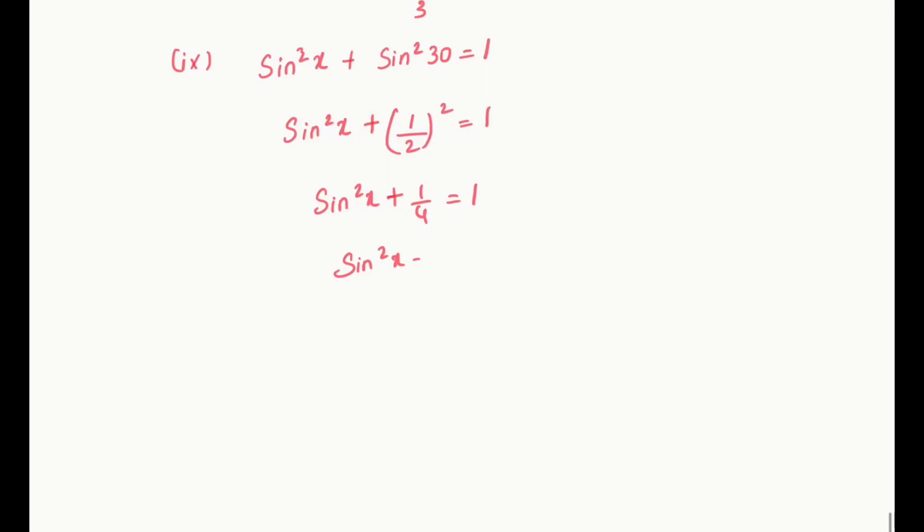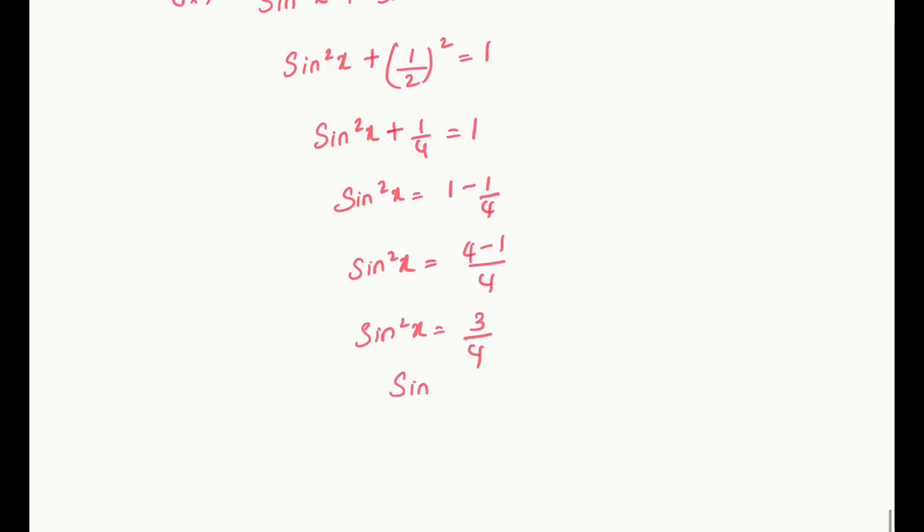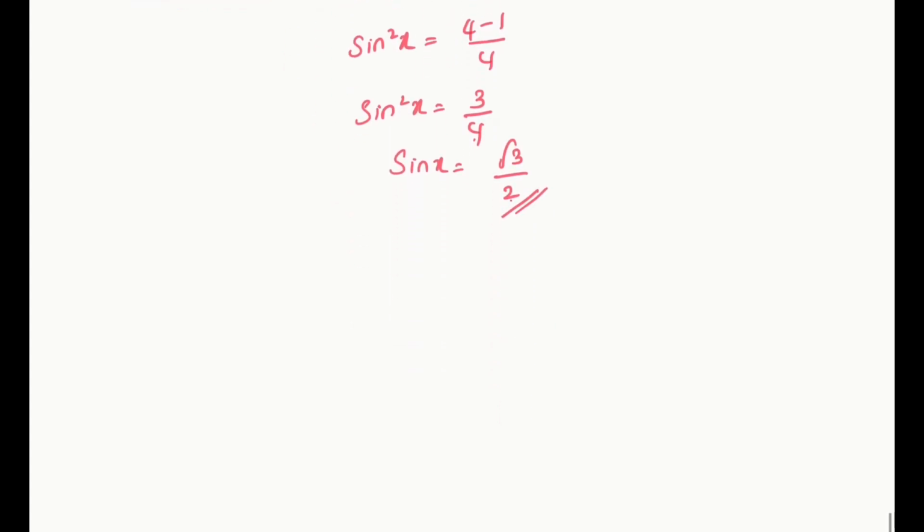Sin square x equals to 1 minus 1 by 4, that is 4 minus 1 by 4. Sin square x equals to 3 by 4. Sin x equals to root of 3 by 2. Root of 4 is 2. So you get root 3 by 2. So this is how you do similar questions.